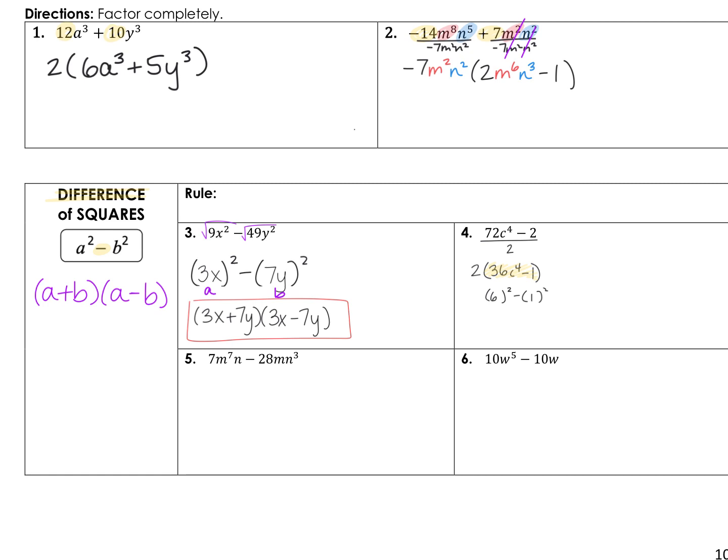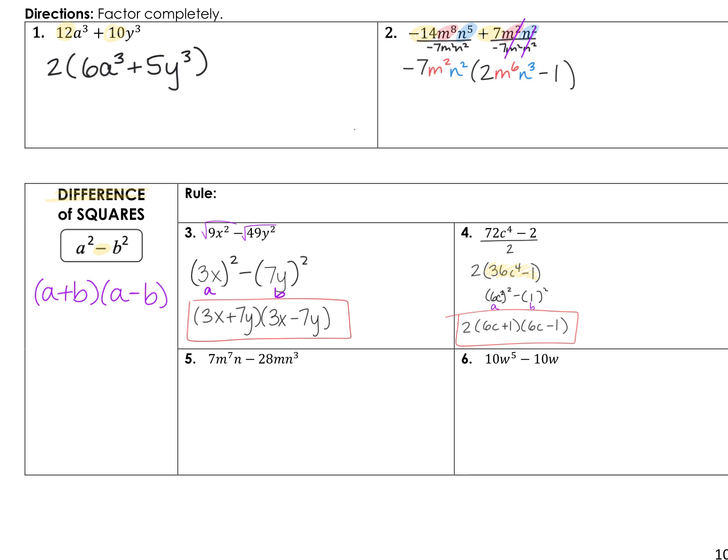So c squared, if I multiply c squared times c squared, I get c to the 4th. So we're cutting it in half. Remember, this is again our a and our b. So the 2 remains out in front, and then you do a plus b, a minus b: 6c squared plus 1, 6c squared minus 1.